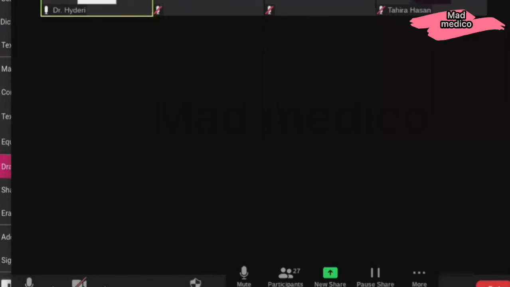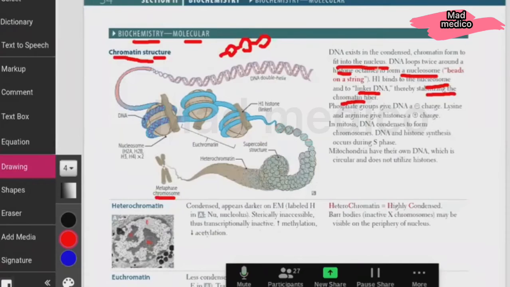Next one is that the DNA structure has a negative charge and a positive charge. What I need you to do is write this over here: DNA, negative charge is from the phosphate group.